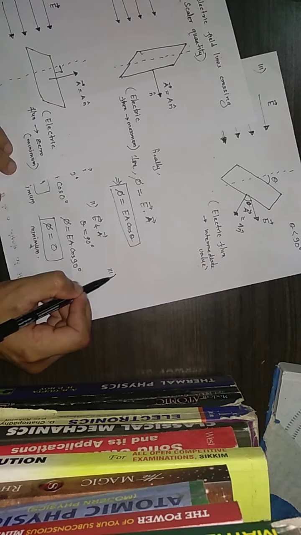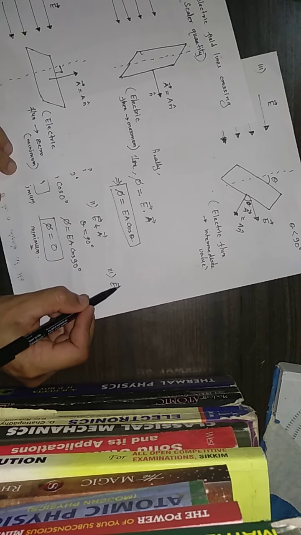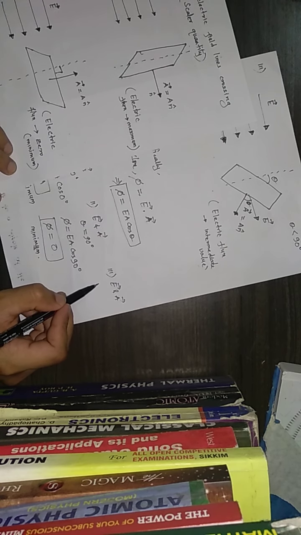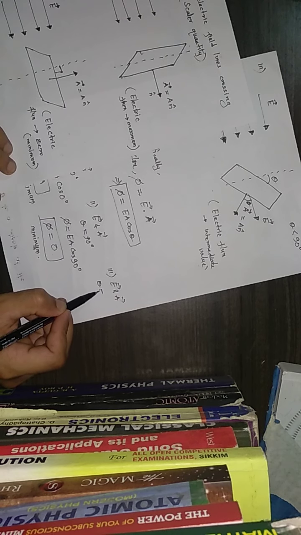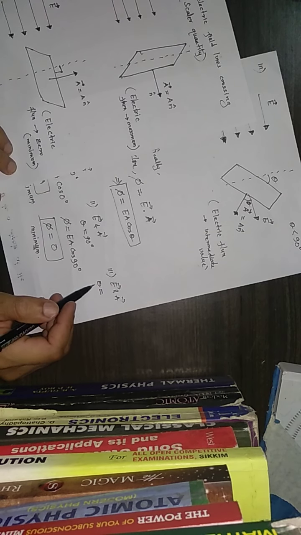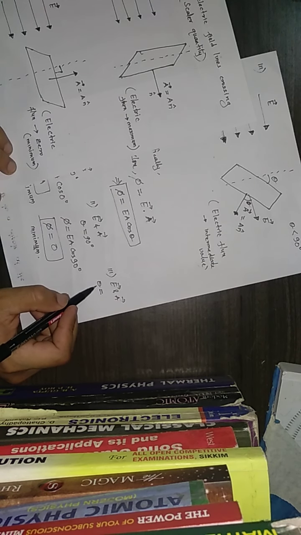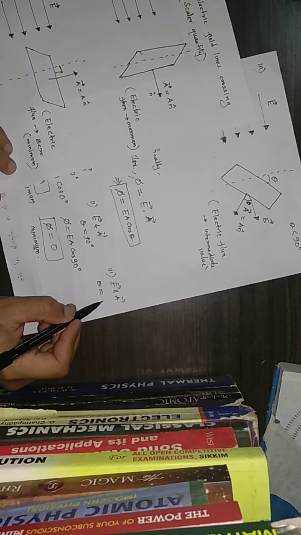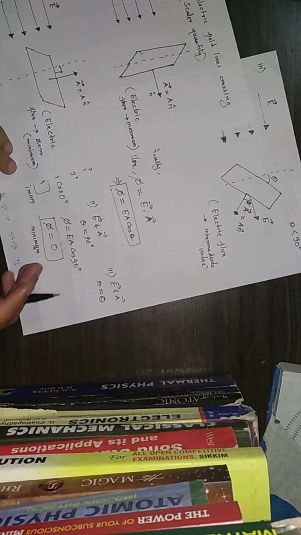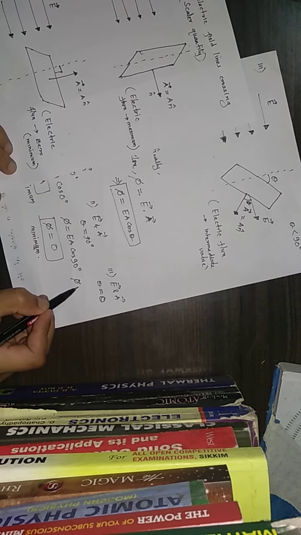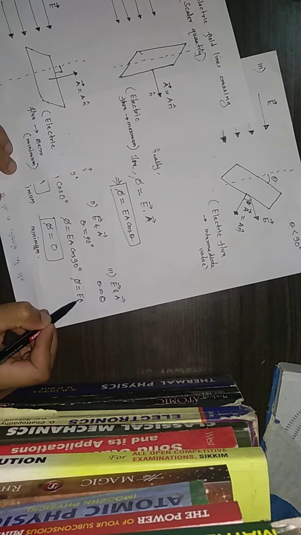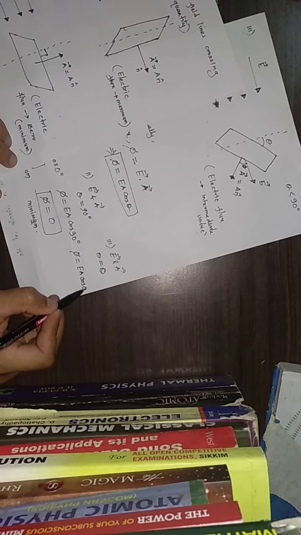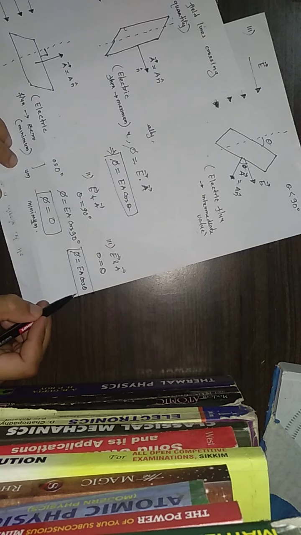Similarly, in the third case, between E and A, we don't know the value of theta here. So we can give some general value of theta, like theta equal to capital theta. Then phi will be equal to EA cos theta in the third case.